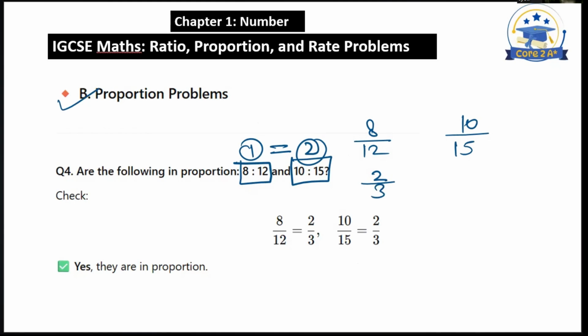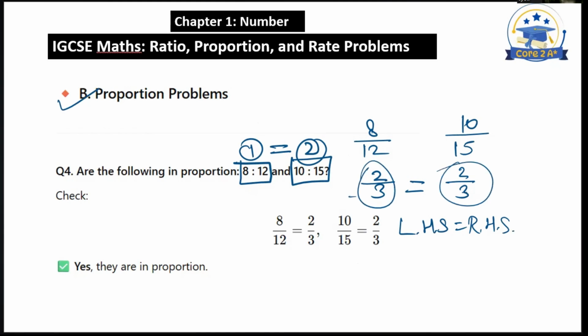And this we can divide by 5. 5 twos are 10, 5 threes are 15. So yes, good news. Now we can put the equal sign. So the LHS equals the RHS. And you can see very clearly both are equal, right? So yes, they are in proportion.